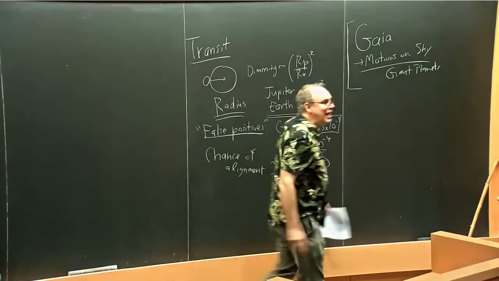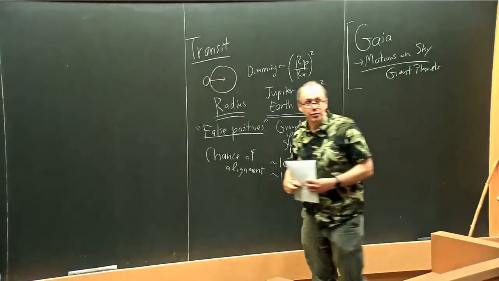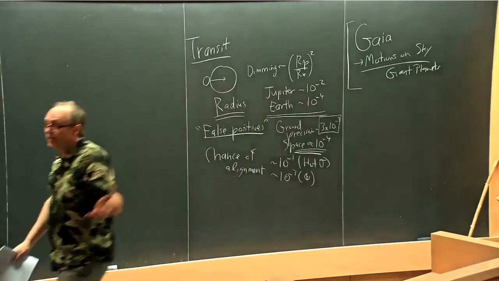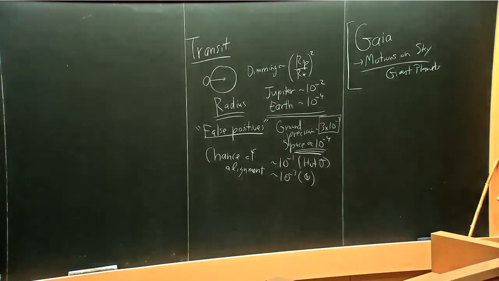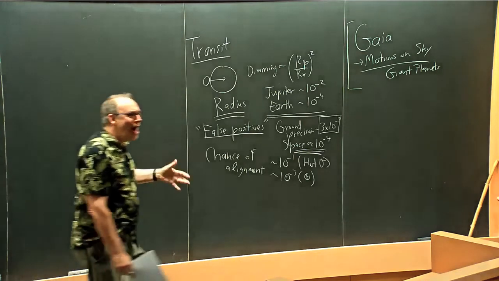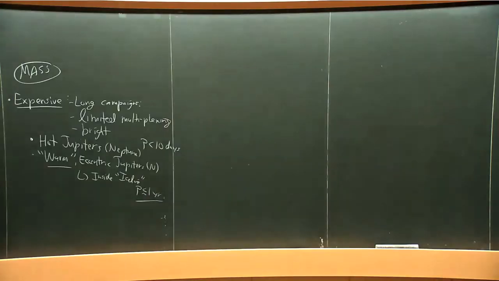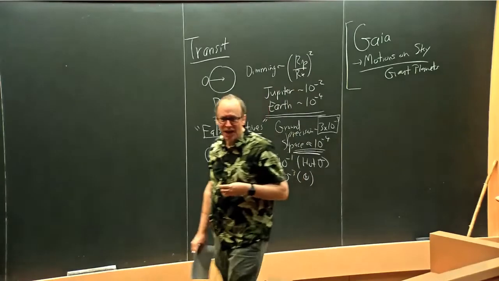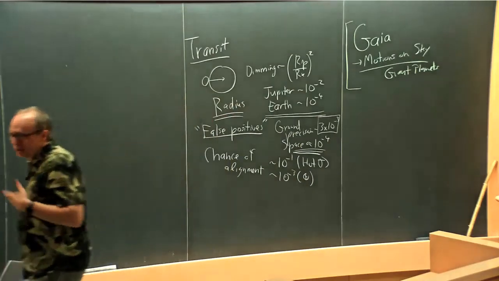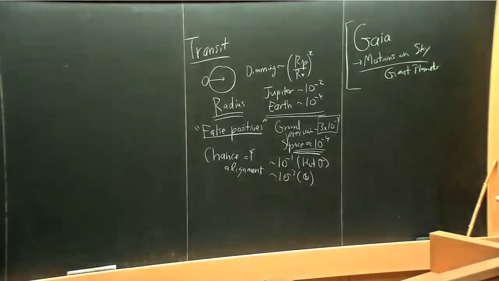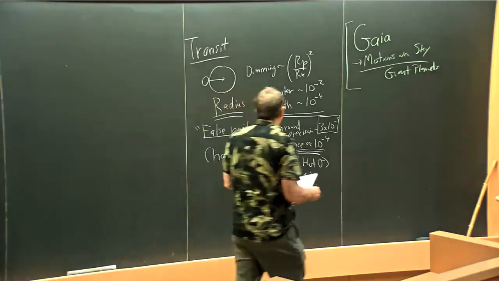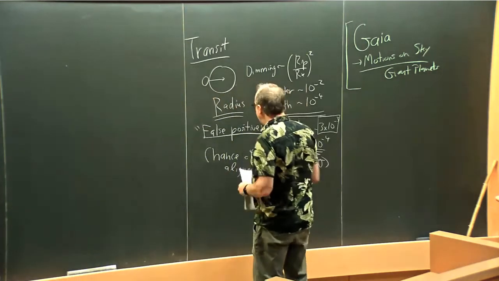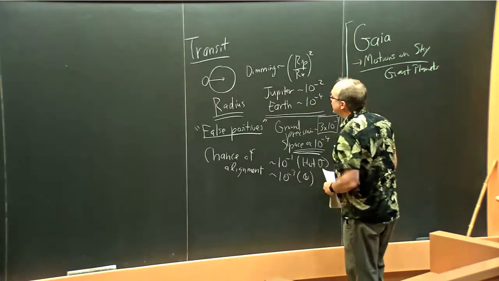If you have a 10 to the minus 3 probability, that means that you have to observe 1,000 true Earth analogs in order to see a single eclipsing system, and that actually is a limit. Again, for the Kepler satellite system, this is why it had the statistics it did. They wanted about 150,000 objects to have about 150 transits of Earth-like planets if all systems had such an object.